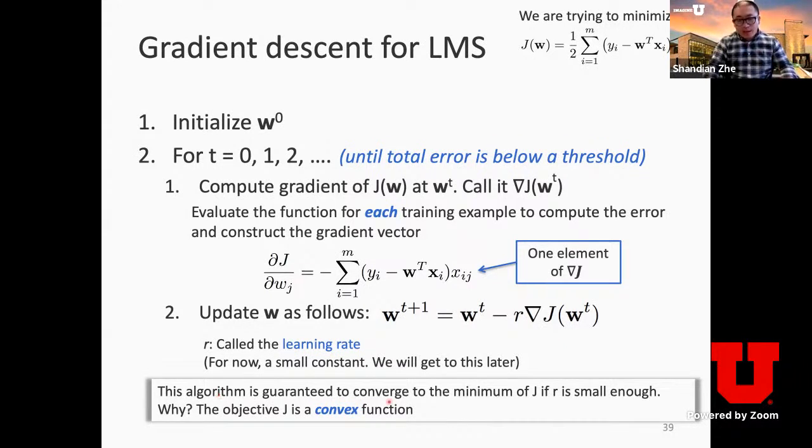What I can say is that as long as you choose a small enough R, the algorithm is guaranteed to converge to a minimum of the objective function J. For our least mean square regression task, because our objective function is convex, any minimum is a global minimum. Meaning that as long as you find a minimum of J, you'll find the global minimum of J. That's a very good property.